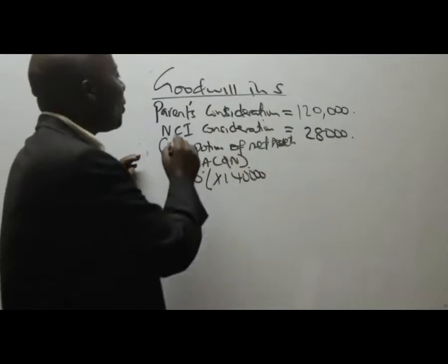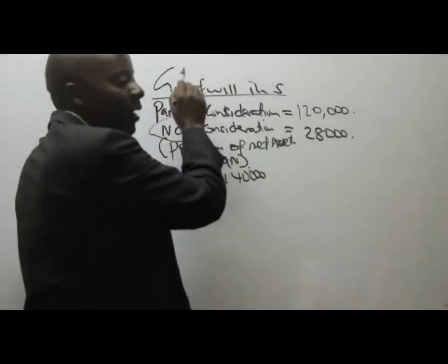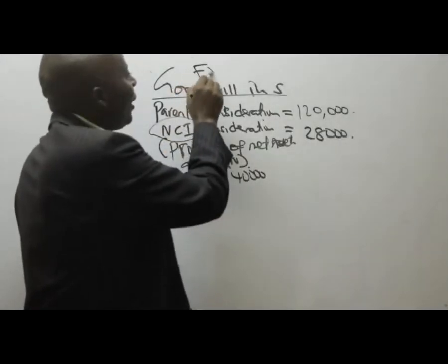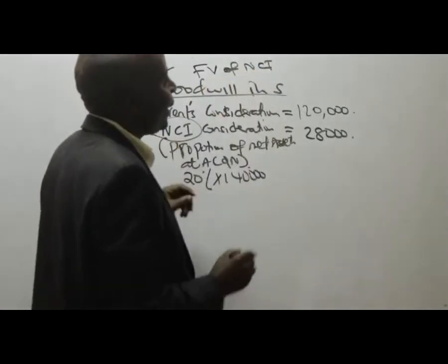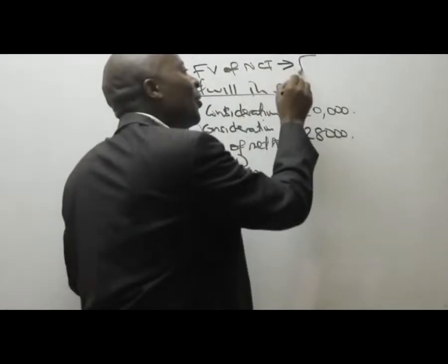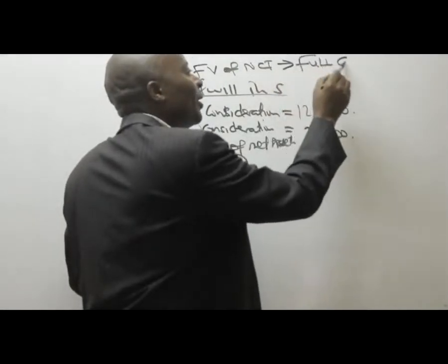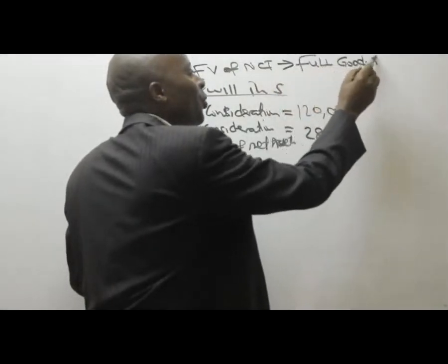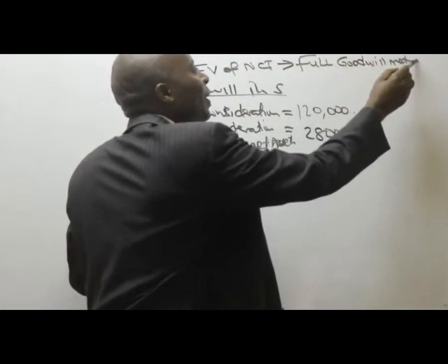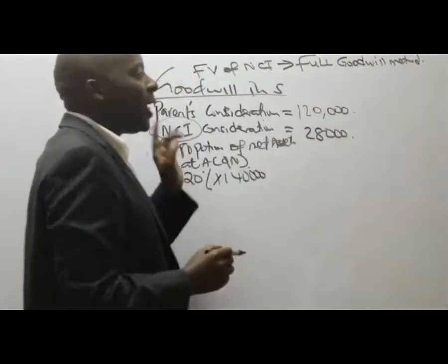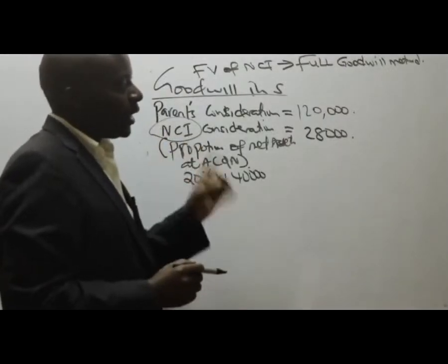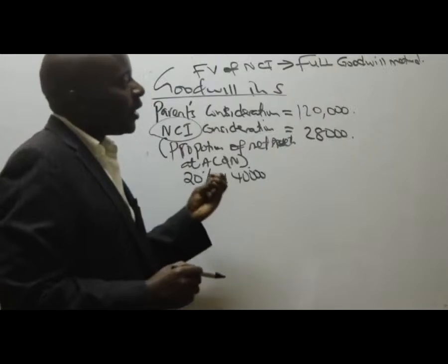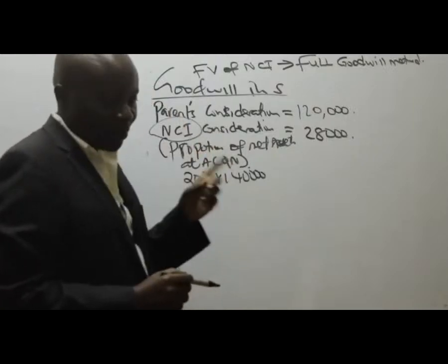Listen, whenever the fair value of NCI is given, then this is normally called the full goodwill method. Whatever method we'll be using when the fair value of NCI is given is called the full goodwill method.